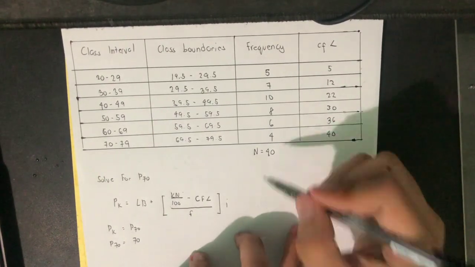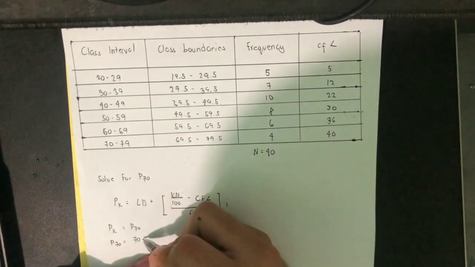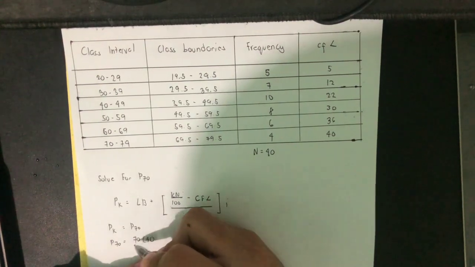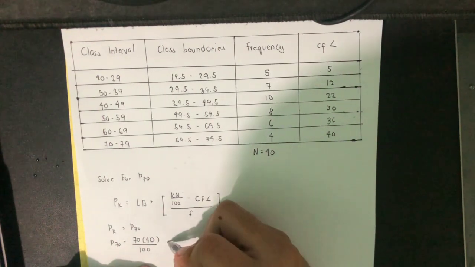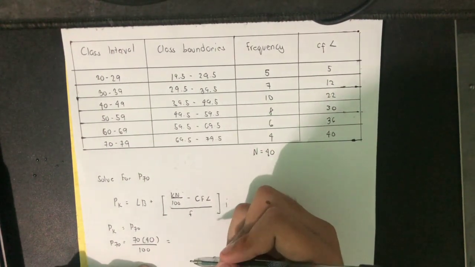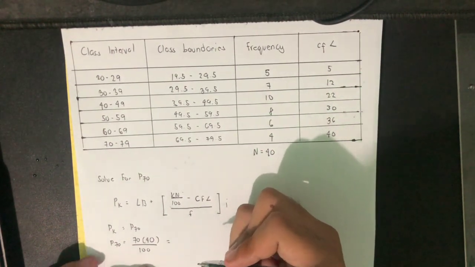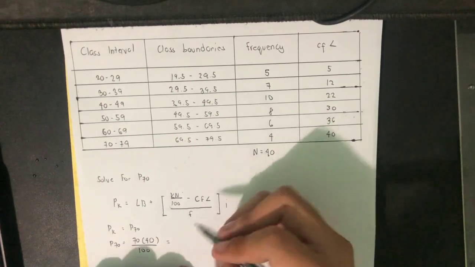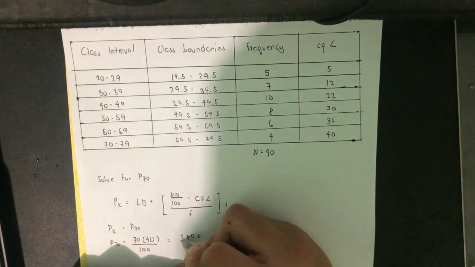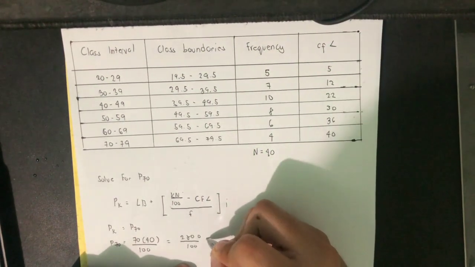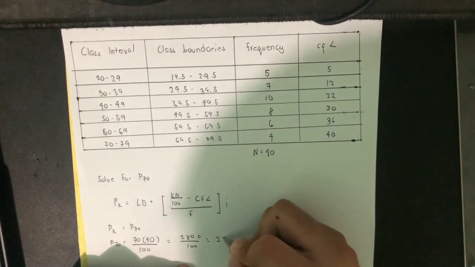So our N is 40. So N is 40 over 100. So our class row is 2,800 over 100, so it will be 28.